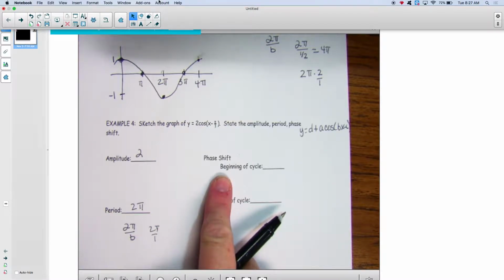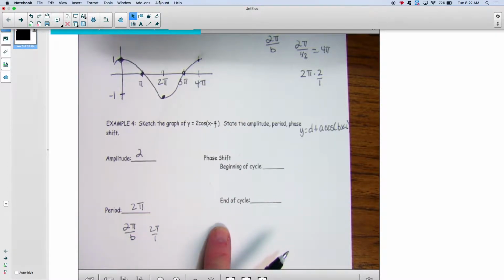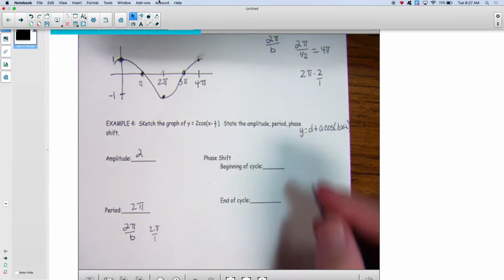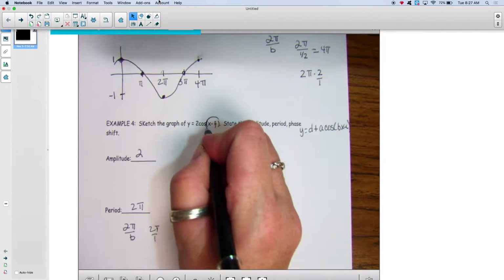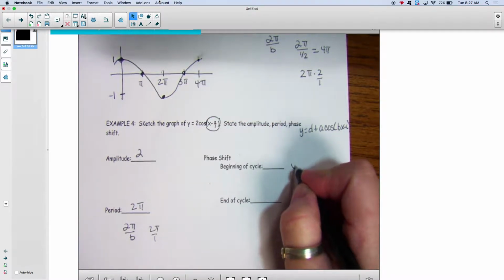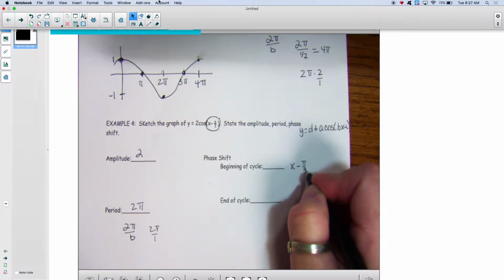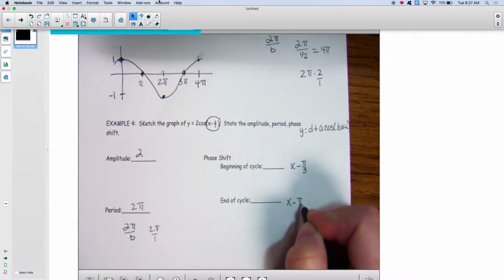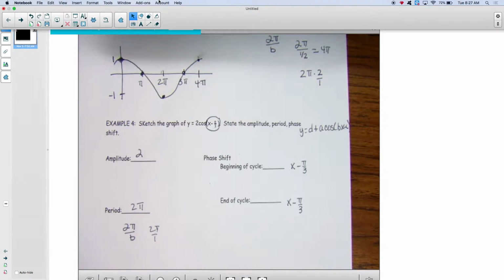For phase shift, for the beginning and the end, the easiest way to do this is whatever you're taking the cosine of. Cosine of x minus pi over 3. Where does your original function begin? 0.